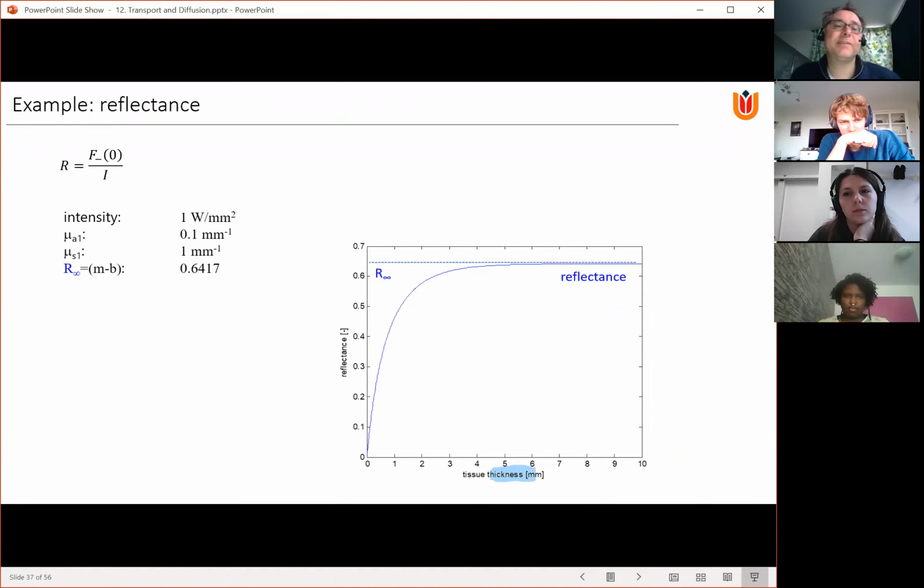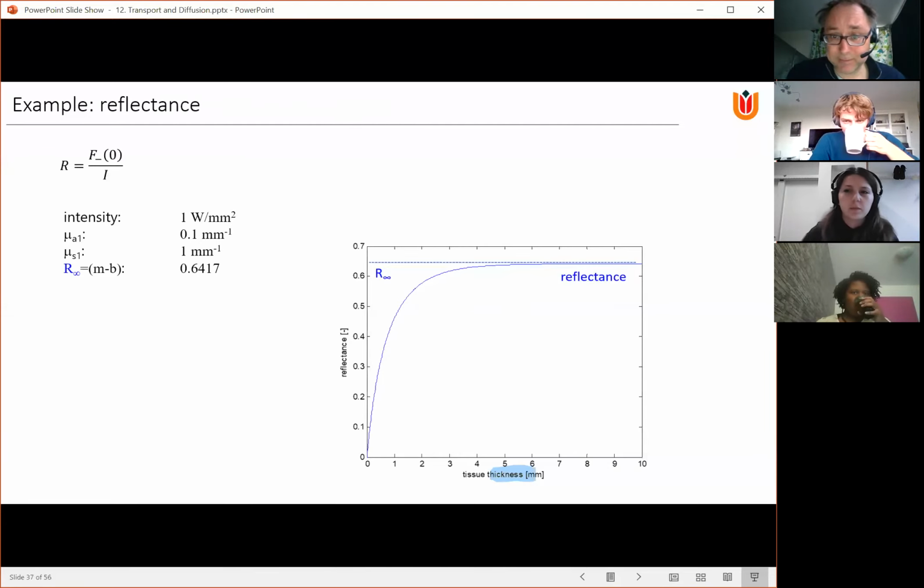Infinitely thick seems a little bit weird, but in many applications it's a pretty good assumption, because if you look at how far light can travel when there is absorption, compared to how big an organ is, or how big the tissue is that you're looking at, then you can sometimes just regard it as infinitely thick.